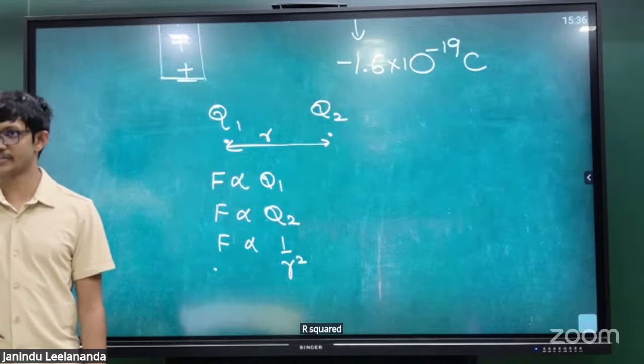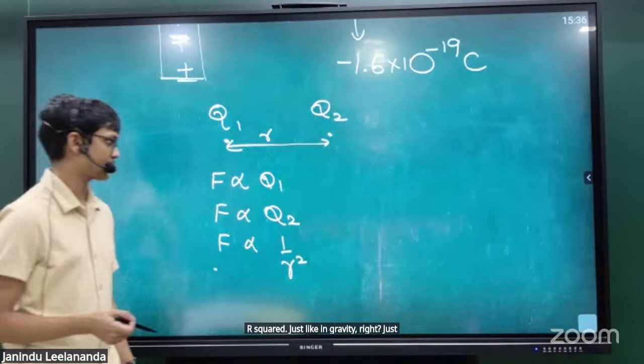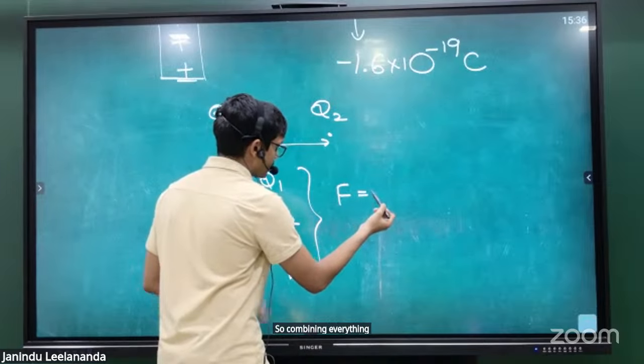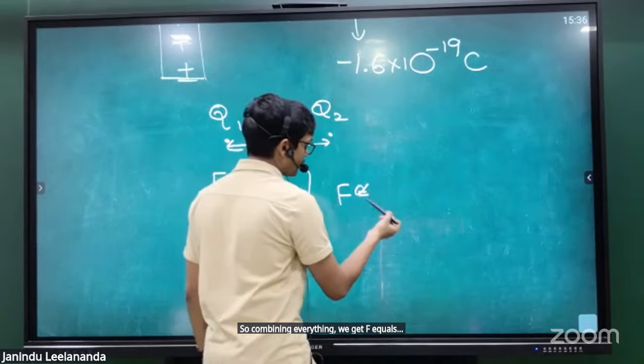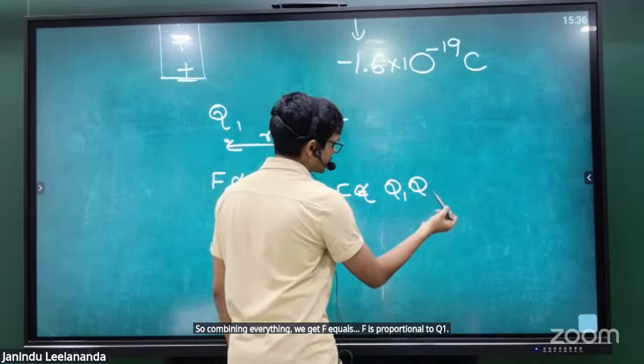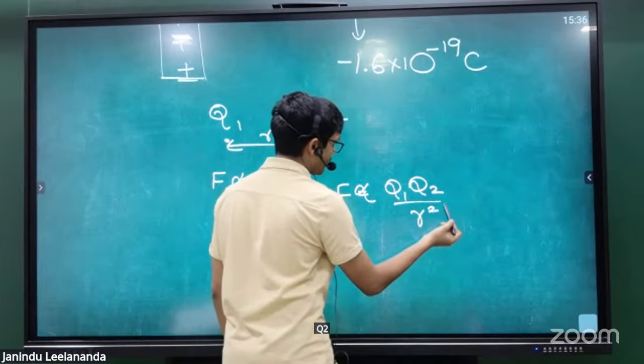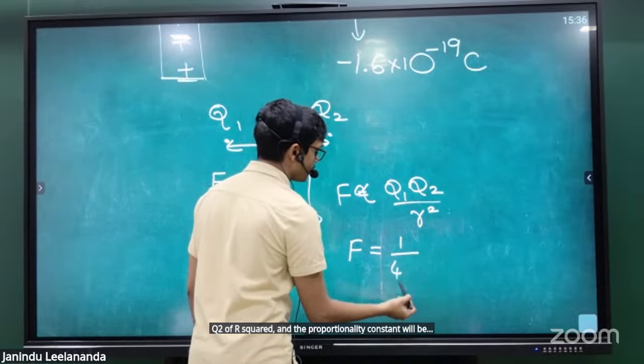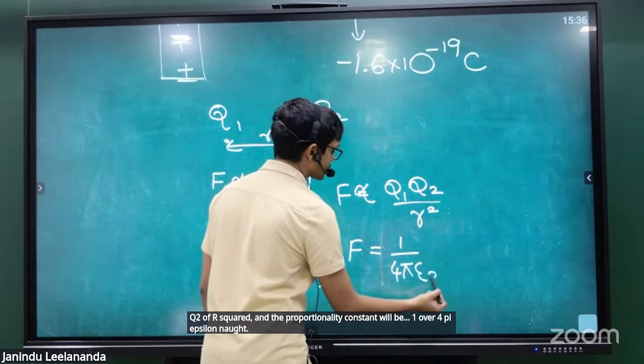Just like in gravity, right? So combining everything we get F is proportional to Q1 Q2 over r squared, and the proportionality constant will be 1 over 4 pi epsilon naught.